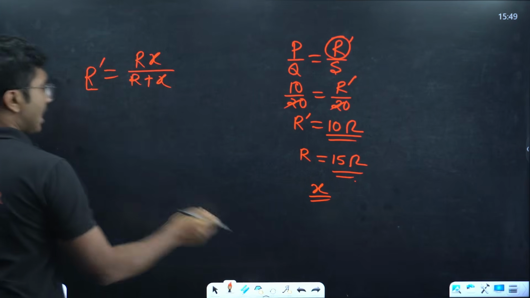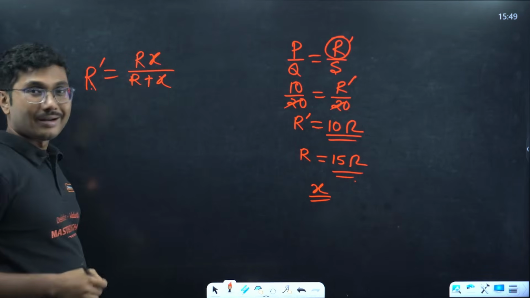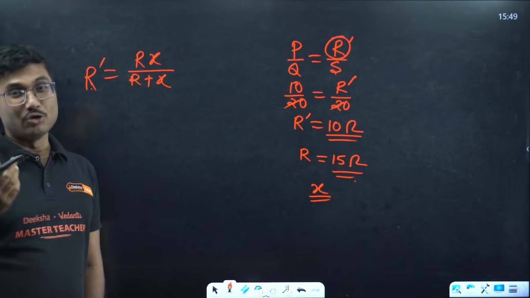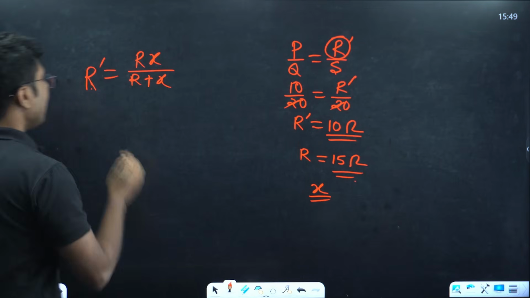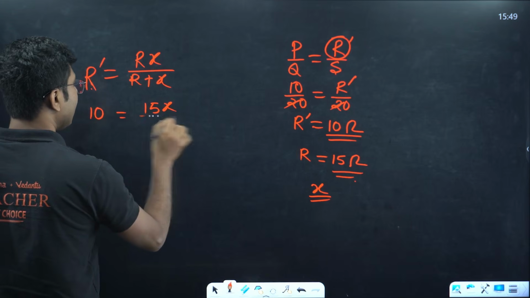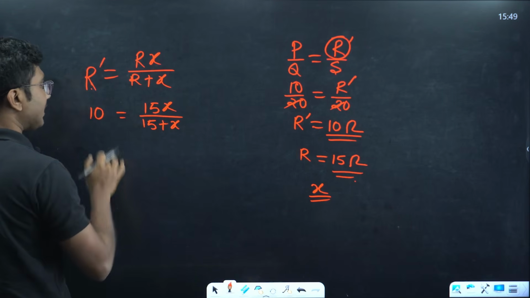R dash must be the equivalent resistance, so that when X is connected in parallel, we are going to get the value of the balanced condition, right? Now that is 10, equals 15x by 15 plus x. Obviously you have to simplify this and find the value of x.